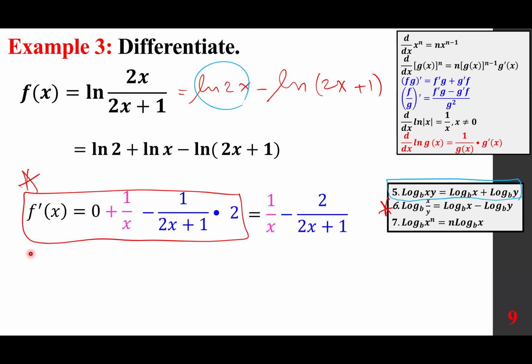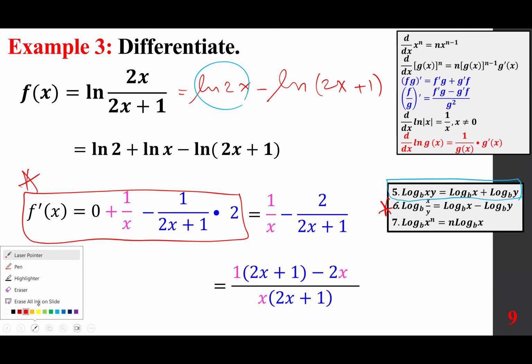Now, LCD means x times 2x plus 1. 1 times 2x plus 1 minus 2 times x, that would be the numerator. I'm assuming nobody has any problem evaluating fractions.